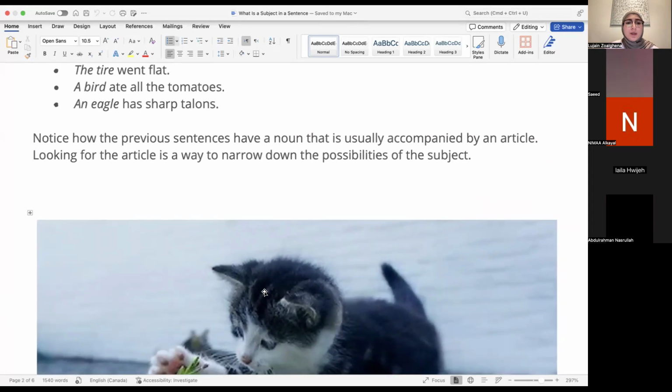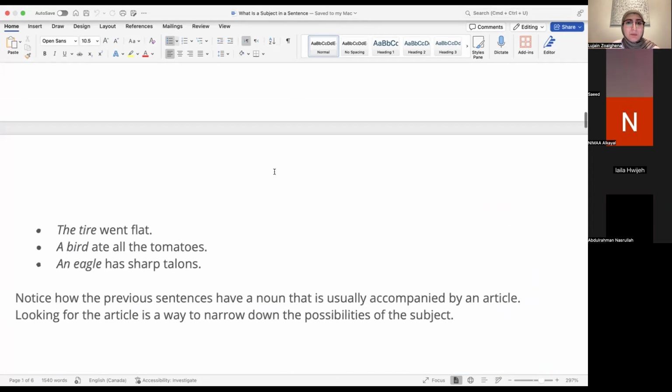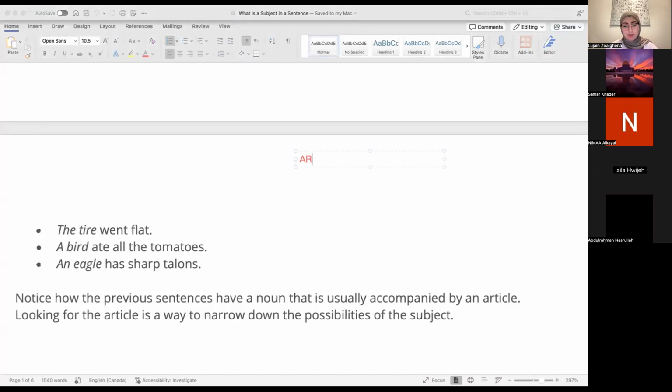Correct. Now, notice how the previous sentences have a noun that is usually accompanied by an article. Looking for the article is a way to narrow down the possibilities of a subject. What are the articles? A and the. When do I use them?